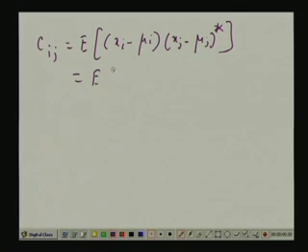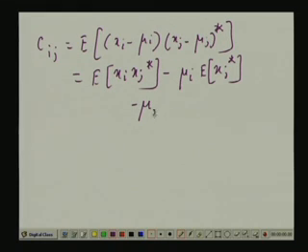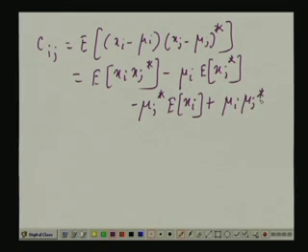One term is E x i x j star, then minus mu i E of this cross term x j star, minus mu j star E x i, plus mu i mu j star.